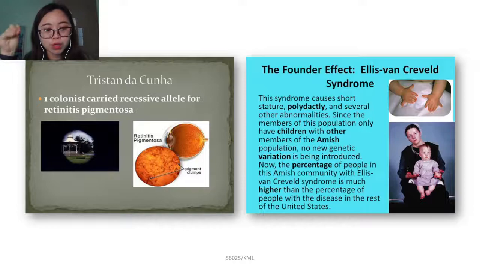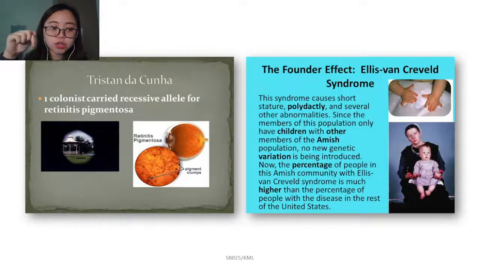One of the people who arrive on the island, one of the colonists, carries a recessive allele for retinitis pigmentosa, which is this condition down here. In the retina, he starts developing pigment clumps. Of course, after many generations, he's going to have children.